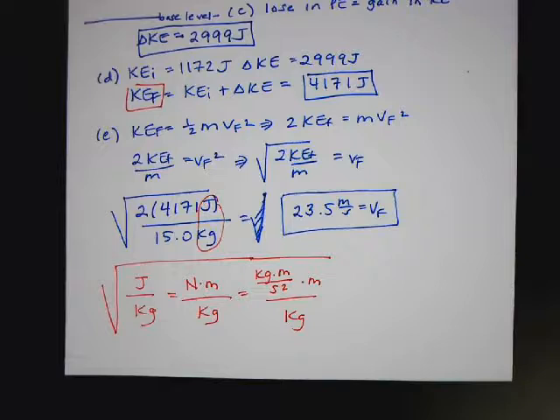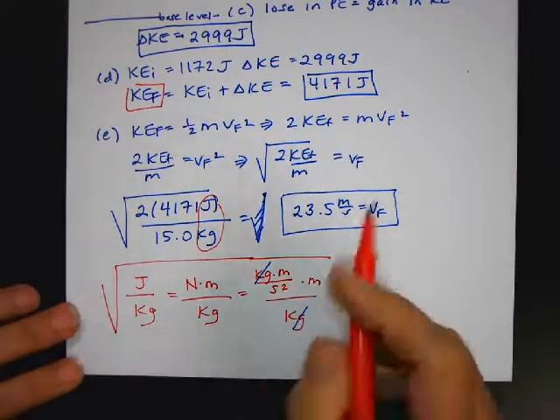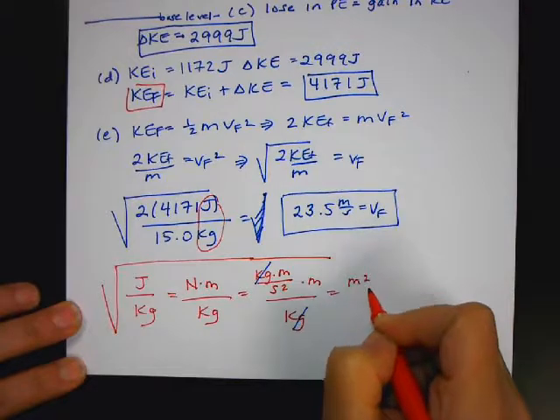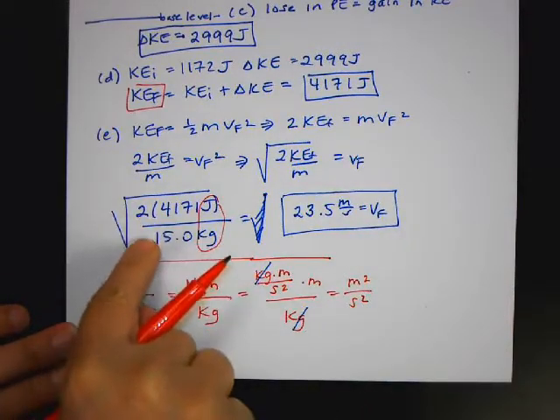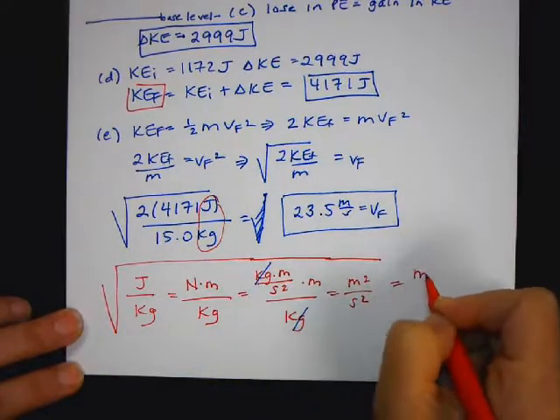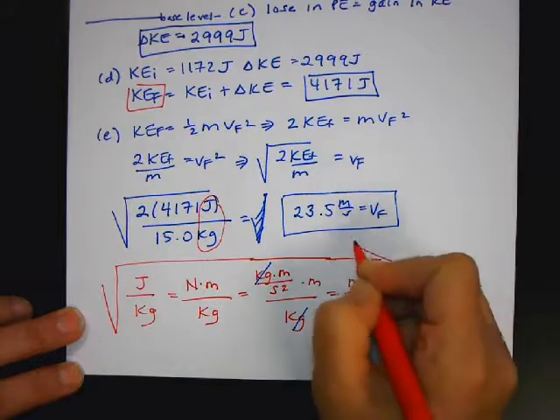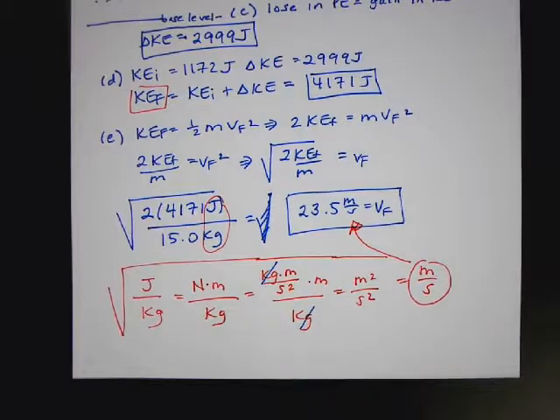So now, once I stretch it out, this cancels with that, and I end up with meter squared over second squared. Well, when I take the square root of the numbers, I also take the square root of the units, so I end up with meters per second, which is the correct unit for this. And again, you don't have to write it out like this. You just kind of look at it and say, okay, I'm going to cancel and make sure my units work out.